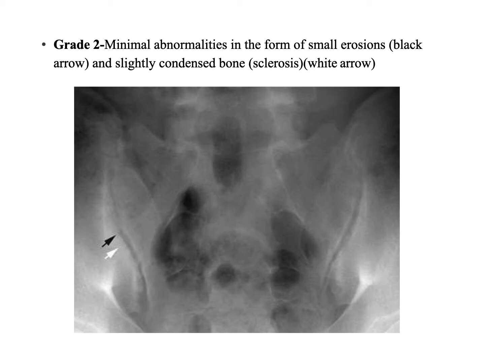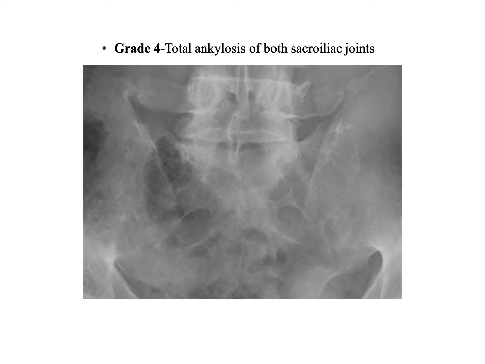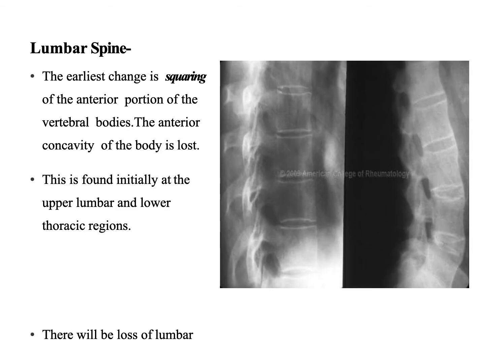Grade 2, minimal abnormalities in the form of small erosions, the black arrow, and slightly condensed bone sclerosis, the white arrow. Grade 3, manifest abnormalities in the form of erosion and sclerosis in addition to widening of the middle part of both the sacroiliac joints. And grade 4 is total ankylosis of both the sacroiliac joints.